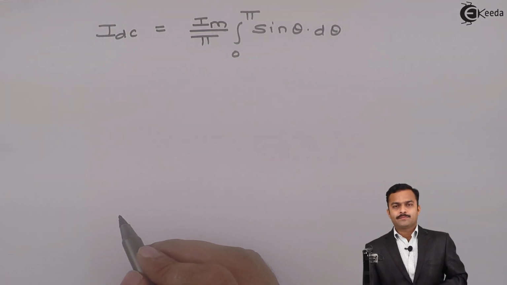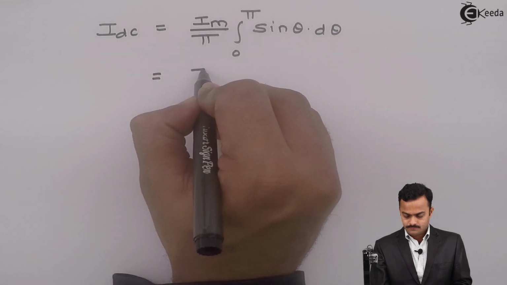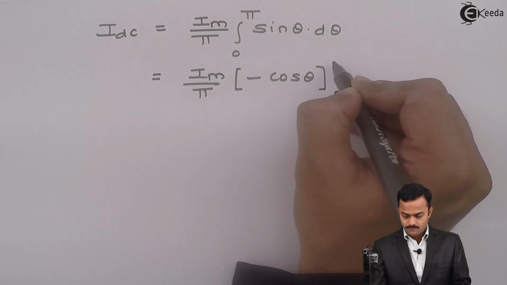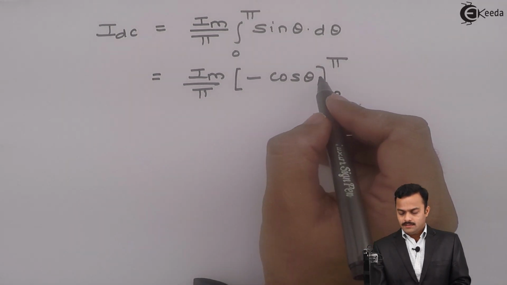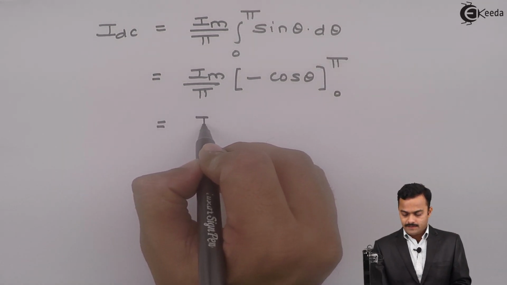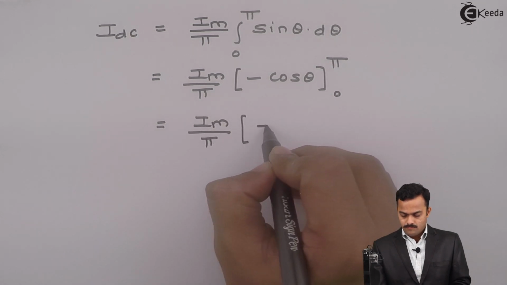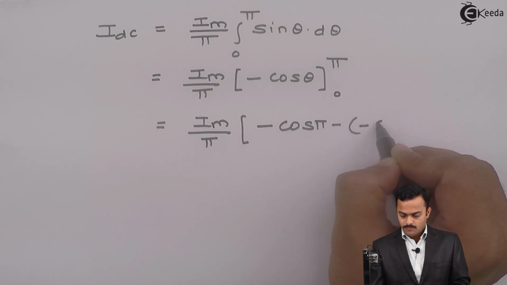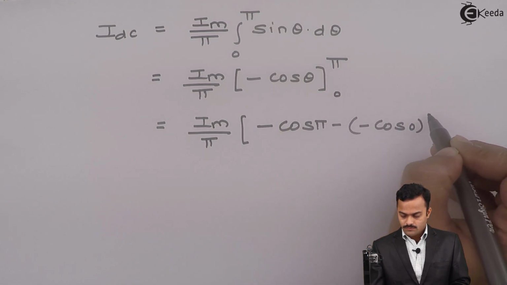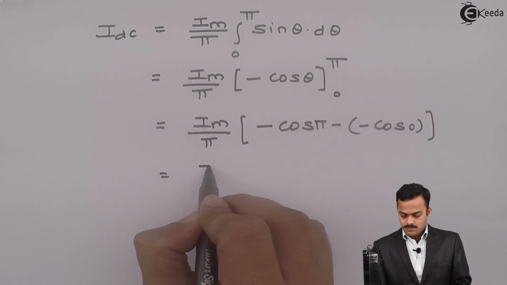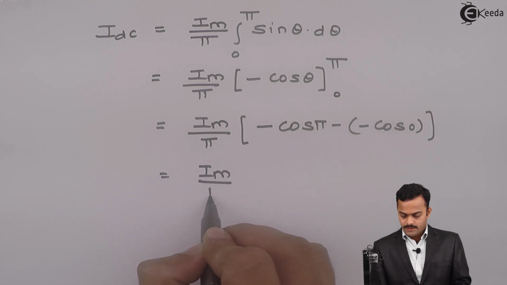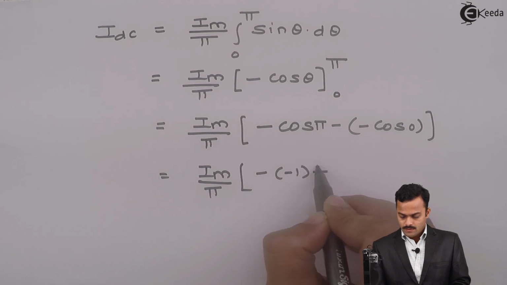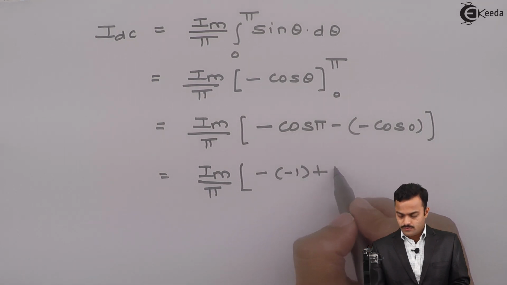Integral of sin theta is minus cos theta. And if I apply limits, I will get minus cos pi minus cos 0. So this is equal to Im by pi, minus cos pi is minus 1, minus plus cos 0 is 1.